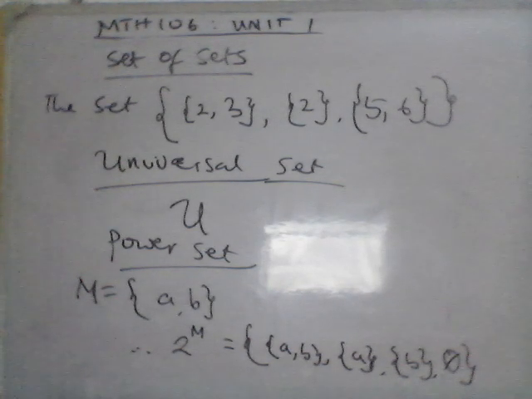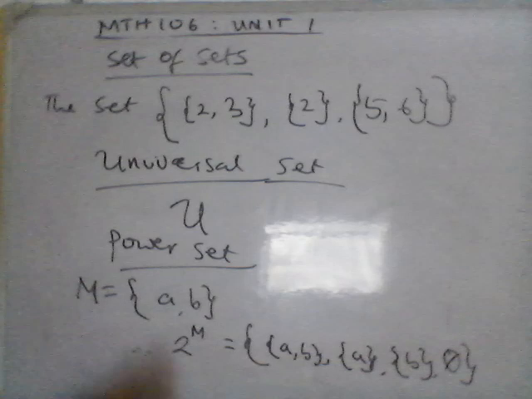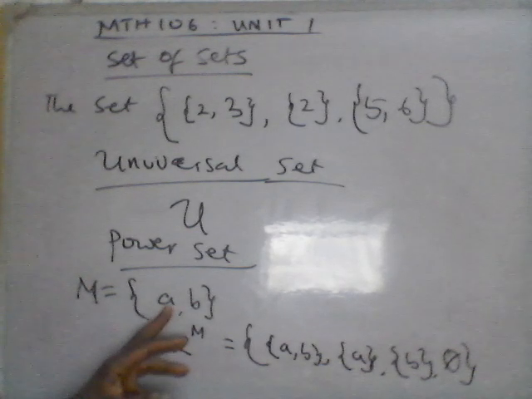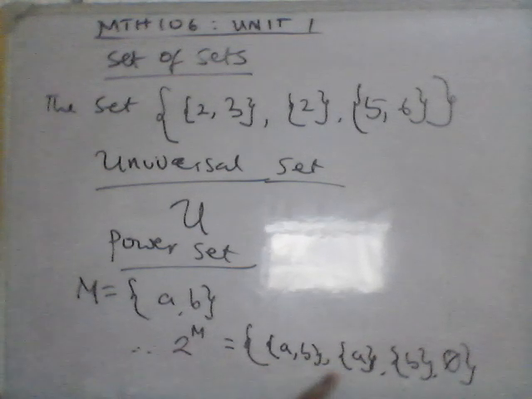So this is the power set. If a set S is finite, and if it has n elements, then the power set can be shown to have 2 raised to the power n elements. So for this situation where the elements are 2, the power set should have 4 elements.